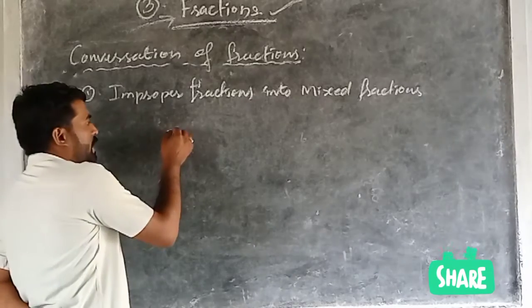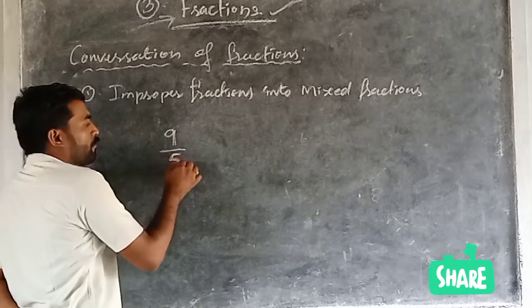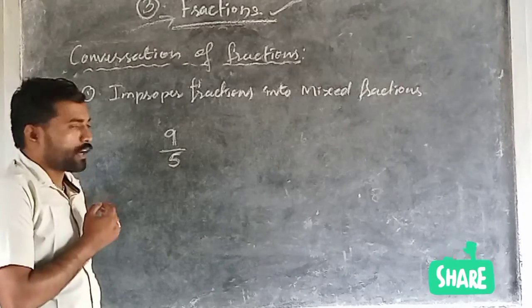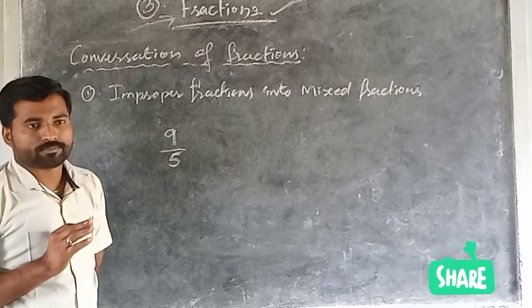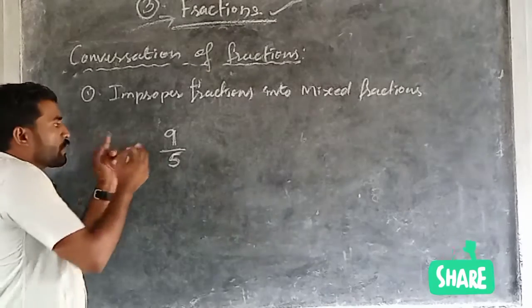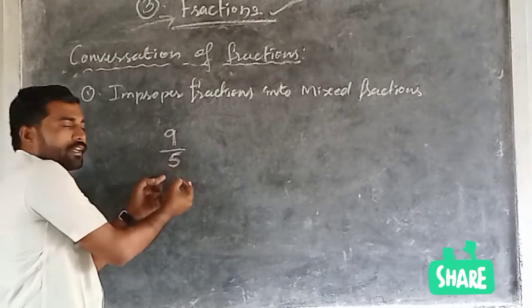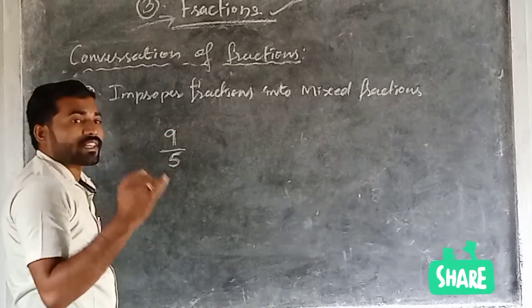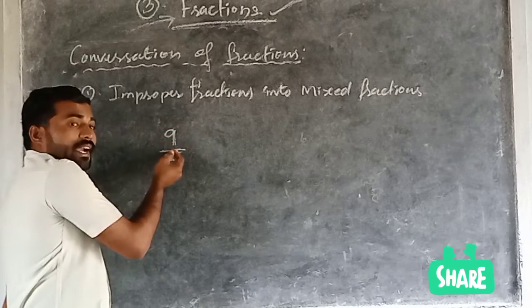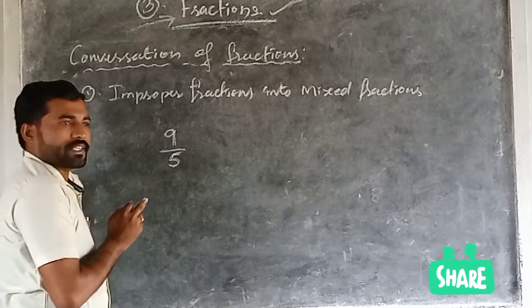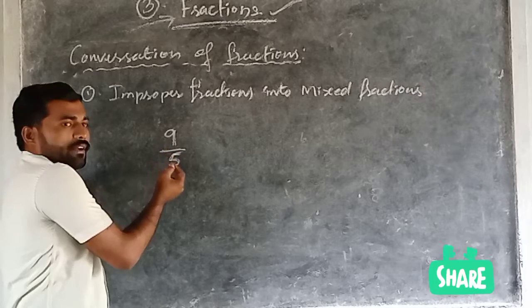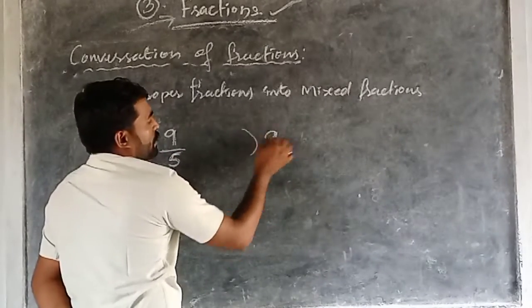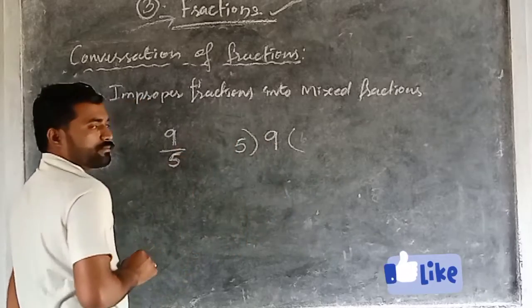The given fraction is 9 by 5. 9 by 5 is nothing but 9 divided by 5. So let us divide 9 by 5.